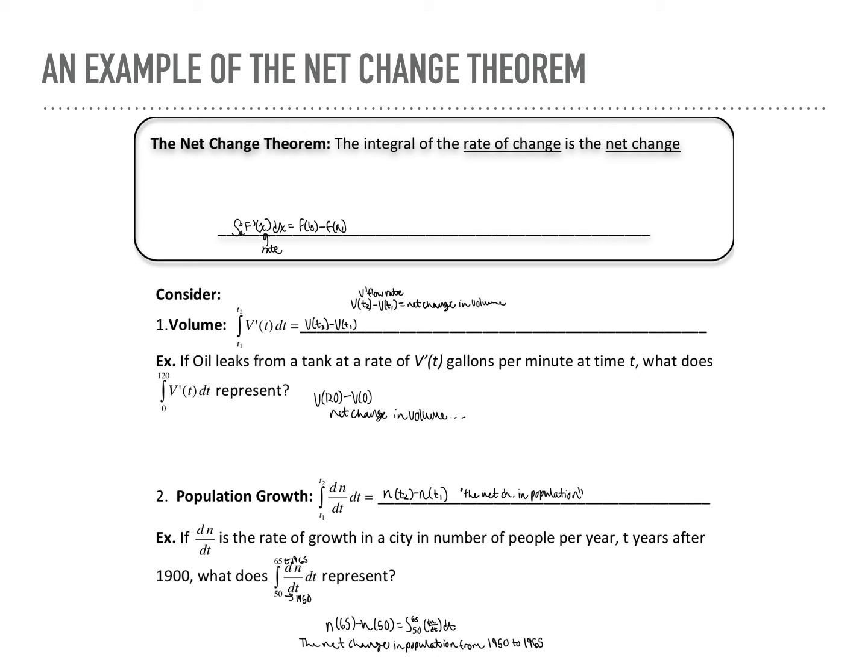The 50 to 65 represents the years 1950 to 1965. When we evaluate these numbers, we get the net change of the population over the time interval from 1950 to 1965.